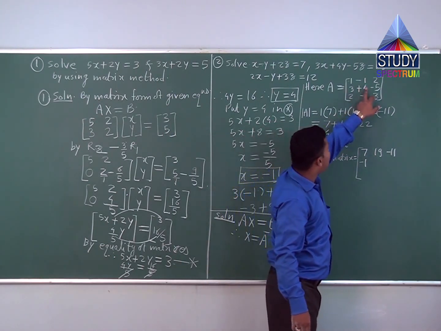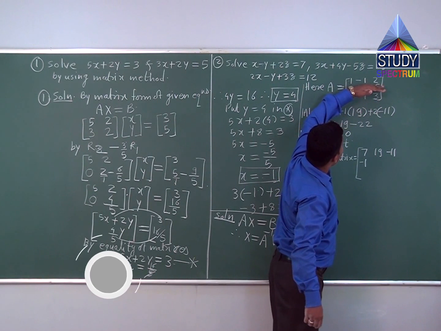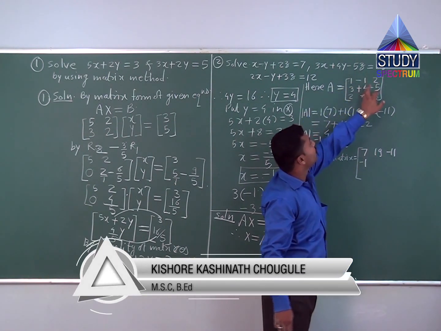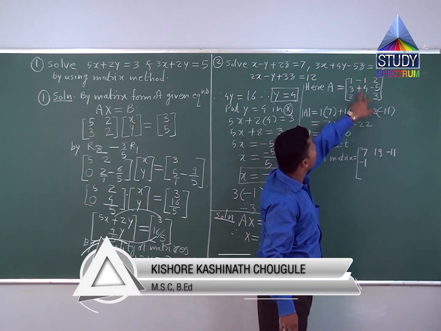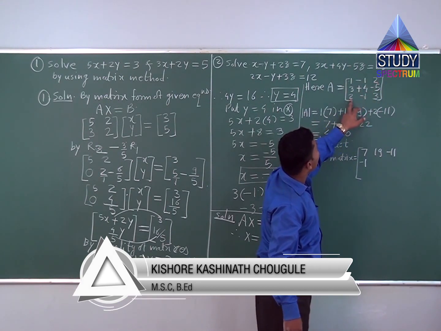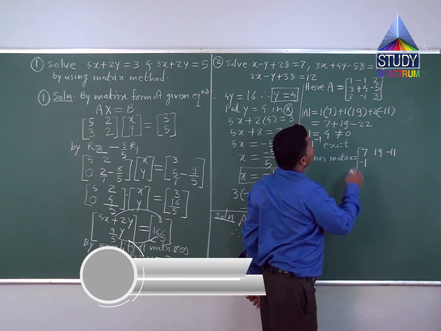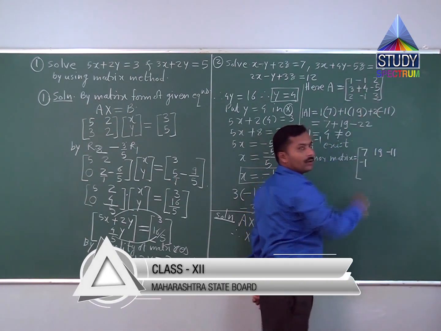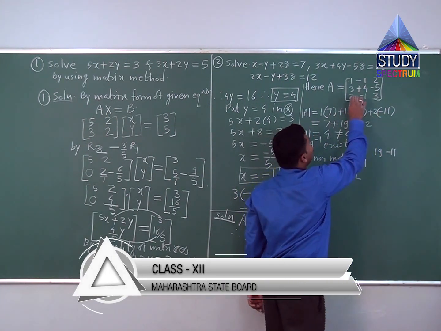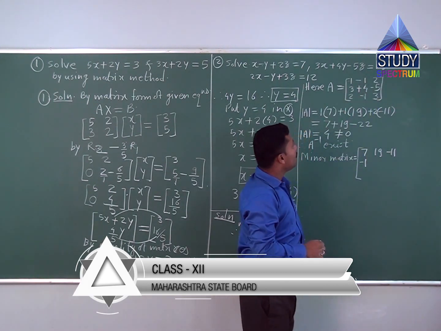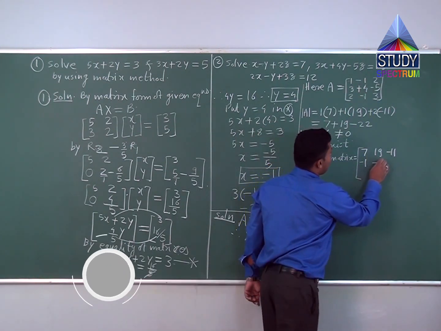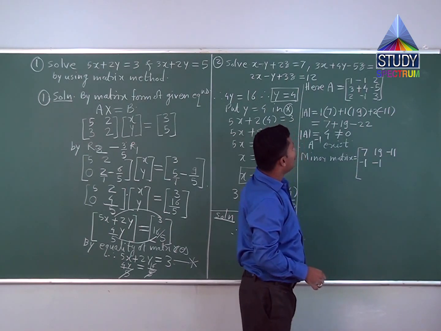Again, minor of 4: row and column through 4 deleted, remaining numbers are 1, 2 and 2, 3. Determinant: 1 into 3 is 3, minus 2 into 2 is 4, so 3 minus 4 is minus 1.